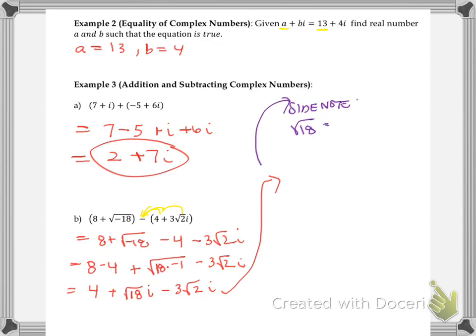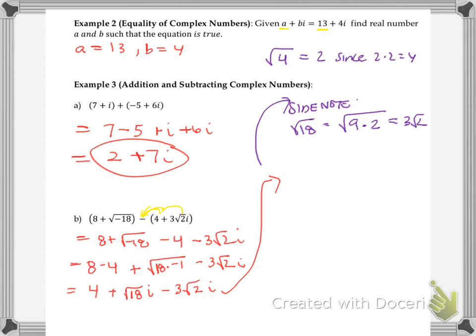Now, this isn't a perfect square, meaning it's not like square root of 4 is 2. Square root of 4 is 2 since 2 times 2 equals 4, right? So in terms of 18, can we think of a perfect square in it? Well, we can factor this into 9 times 2, and then this will be 3 root 2, right? So square root of 18 is 3 root 2.